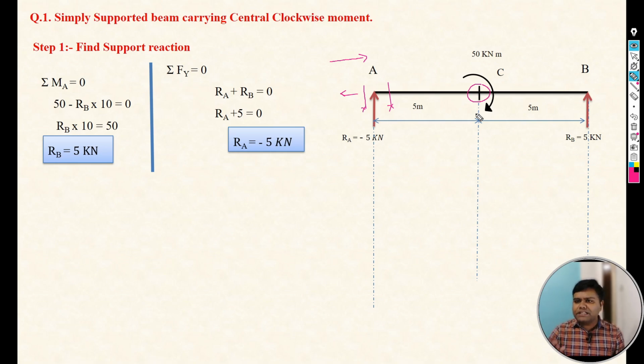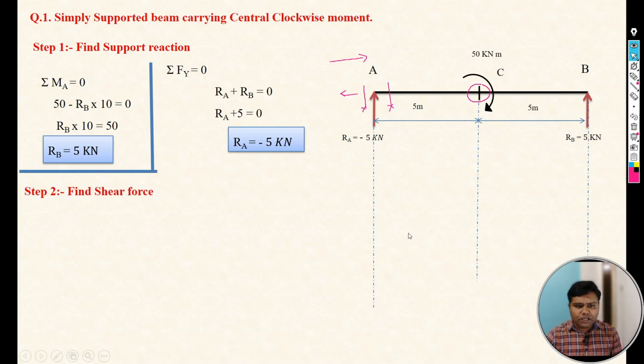If any point is subjected to a couple or moment, there is no need to take the shear force at this point, because that moment does not come under shear force. So here we are going to consider shear force only at point A and directly at point B. Again, as we discussed, we have to take the section. In the shear force calculation, this is the most important thing: we have to go with the proper sign conventions of sagging and hogging.